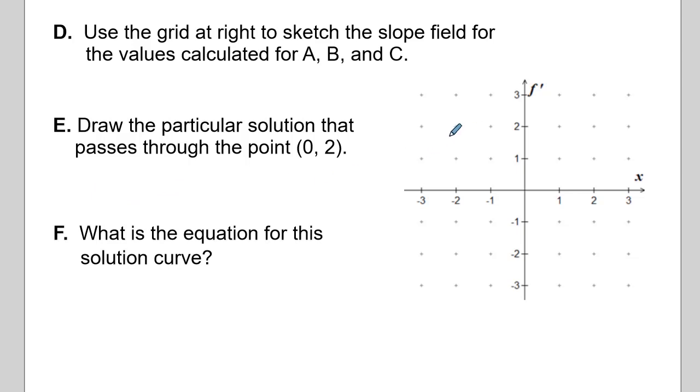If I go to (-1, 1), I want to have a positive slope of about 1. And then we got (1, -1), so same slope there.